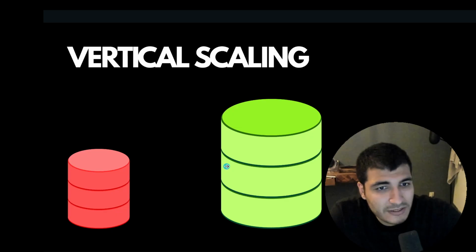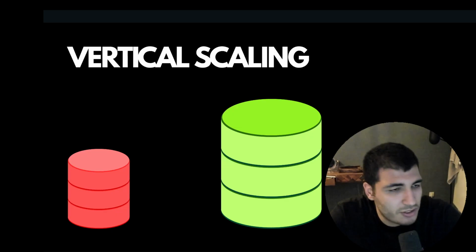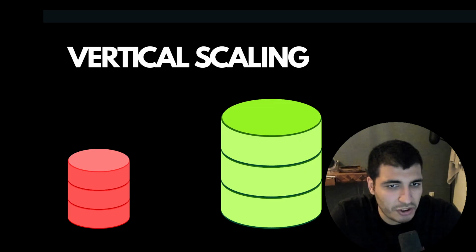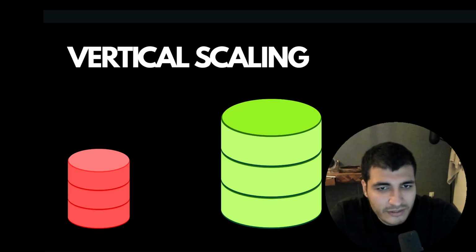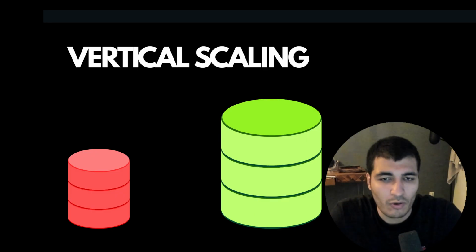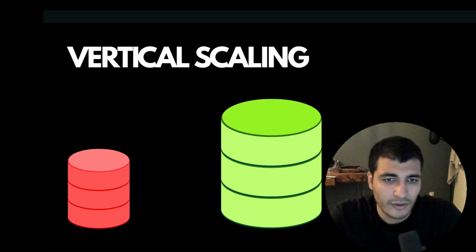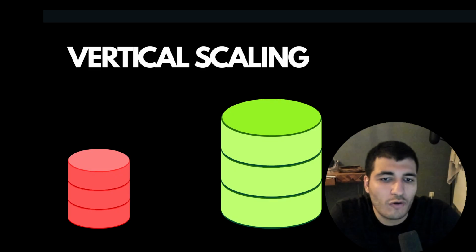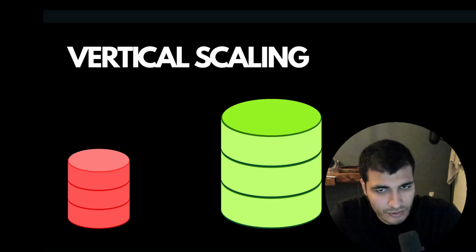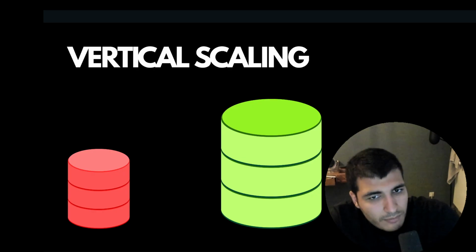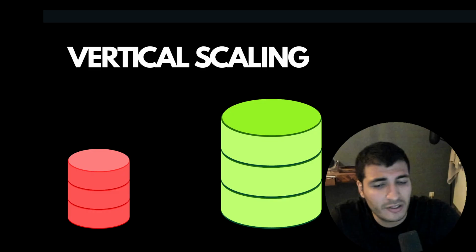If you want to know how to implement it, we can do this by physically replacing the hardware with a more powerful machine, which is a complete server upgrade. Or if you're using a cloud provider like AWS or Google, you can often dynamically resize your database instances with a few clicks, moving from a smaller instance type to a significantly larger one.